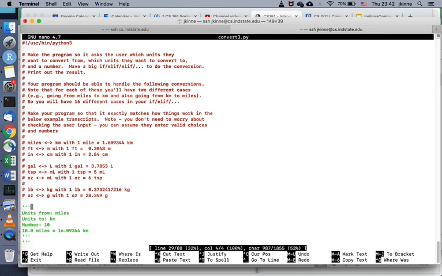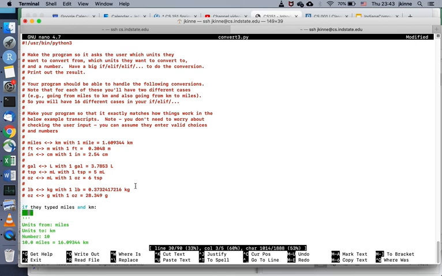Okay, if we look at a transcript, we've got miles, converting from miles to kilometers, and 10. I use this conversion factor here. I'm just going to type here. So if blah blah blah miles and blah blah blah kilometers, so you have to check if that's what they typed. Well, I'll say it like this: if they typed miles and kilometers.